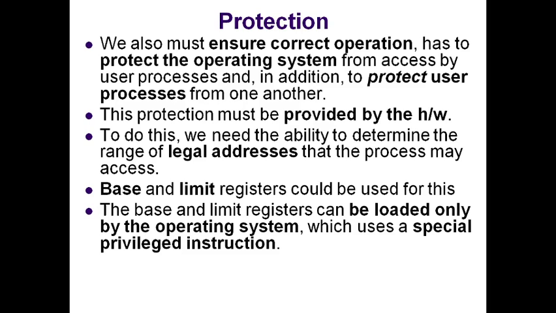That means that only the OS can access the base and limit registers to change the value or to read the value. No user process can access the base and limit registers, and so they remain protected. So they will not be modified by any process other than the operating system, because it requires a privileged instruction.